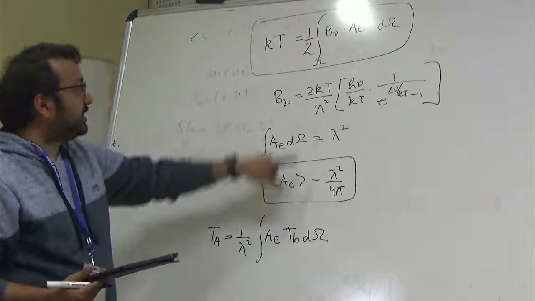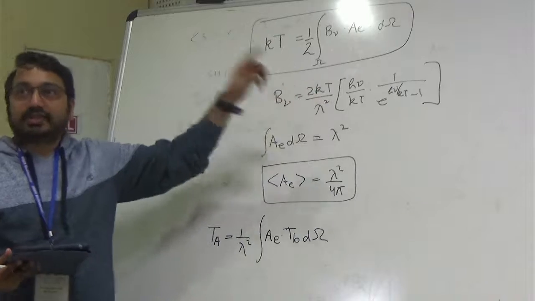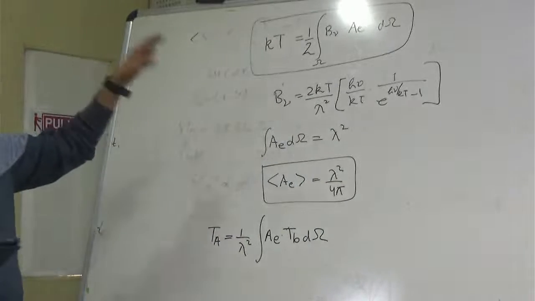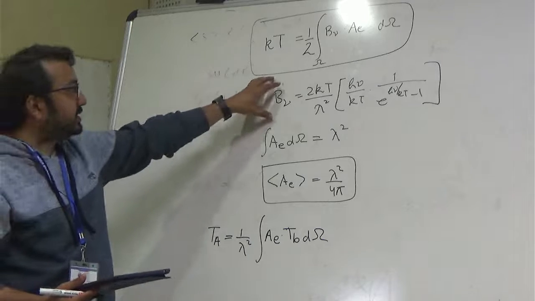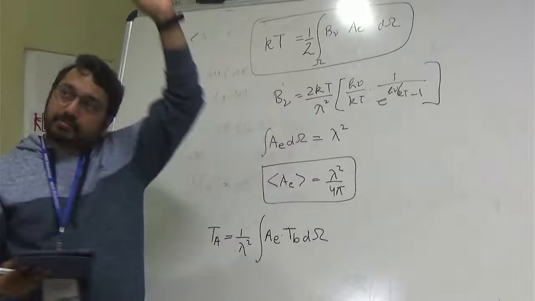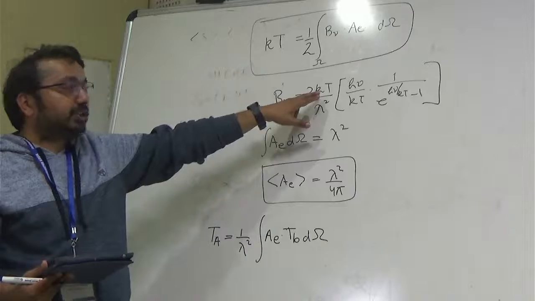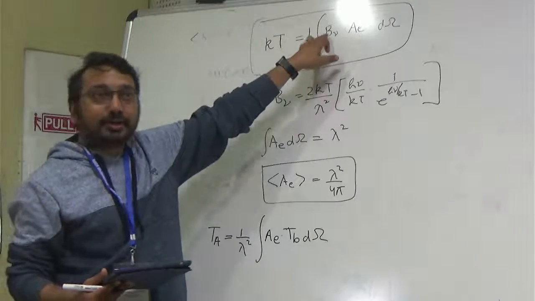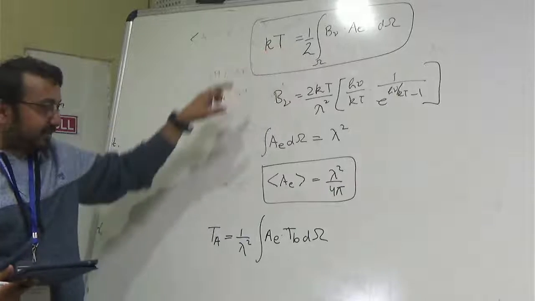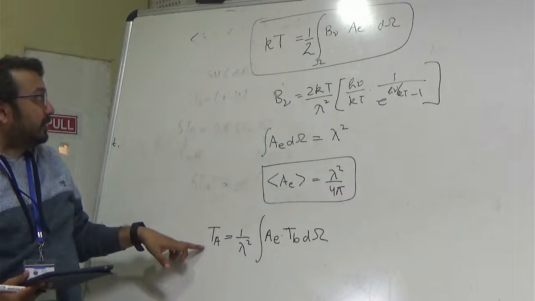And this TB is nothing but the same T. So this is the brightness temperature of the source. What we did, and I'm basically skipping a bunch of steps here, is we took some source on the sky that had a brightness temperature of TB, plugged this B nu here to see what the power antenna receives. And that's what we get.